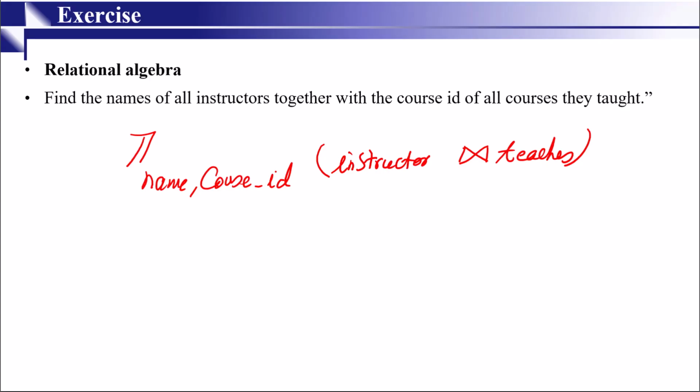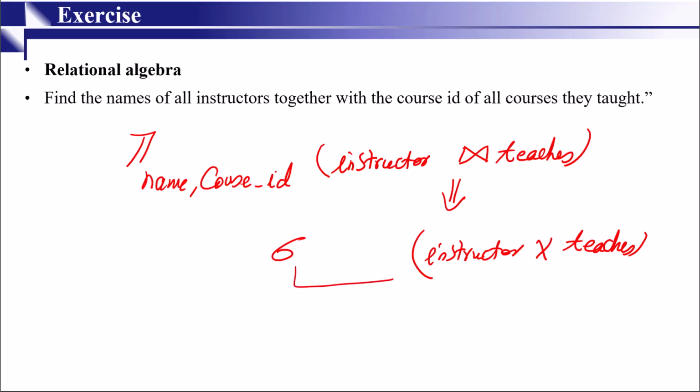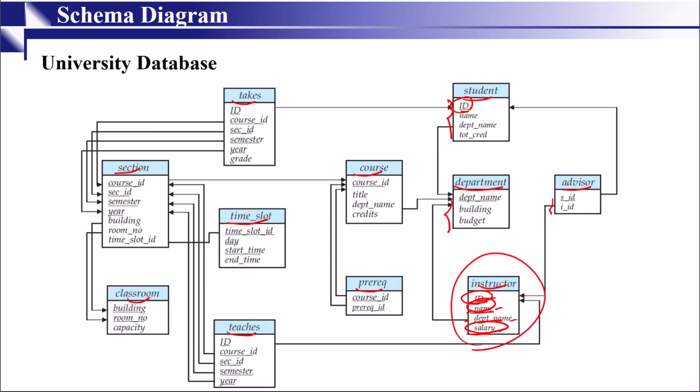We learned from the previous lecture that this natural join is similar to instructor Cartesian product teach, right? Then we will select the similar attributes. What are the similar attributes? In this table, we have ID, and ID here.